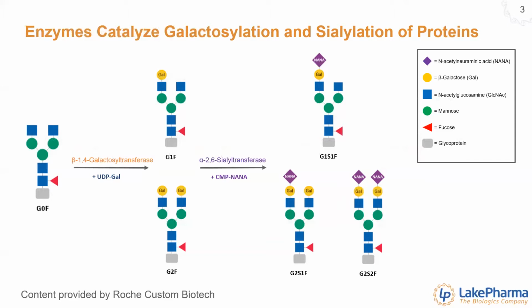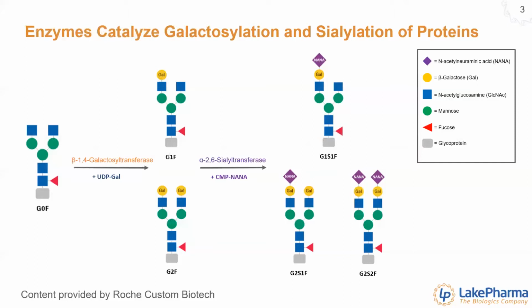But with enzymes, beta-1,4-galactosyltransferase can catalyze the addition of galactose at the terminal end of the sugar group. And the second enzyme, alpha-2,6-sialyltransferase, can catalyze the addition of sialic acid, as shown in the diagram.